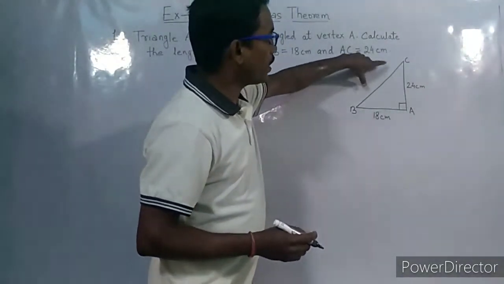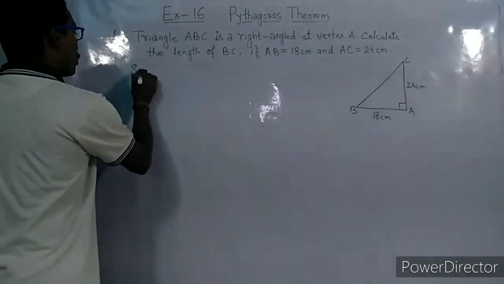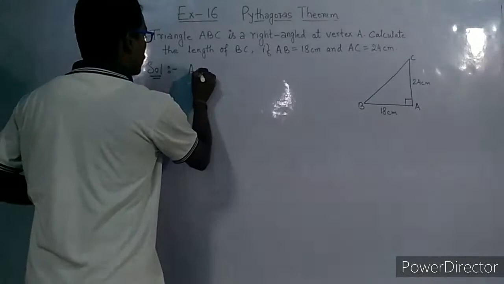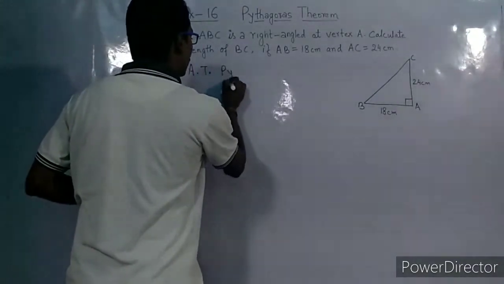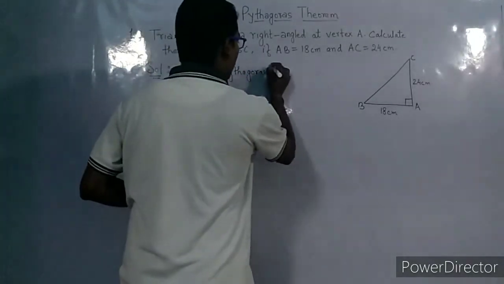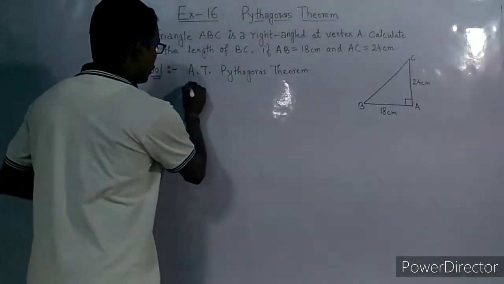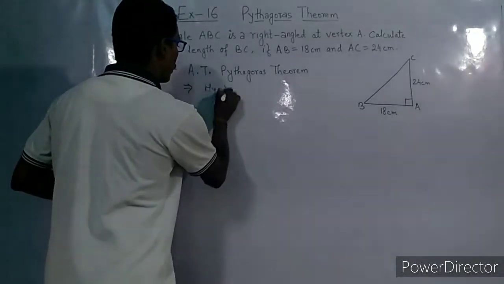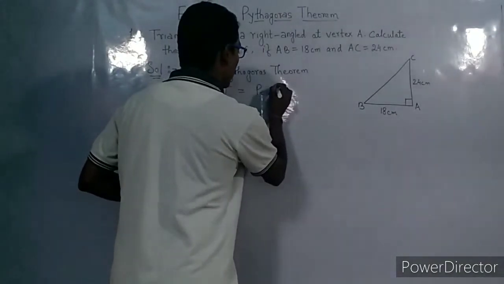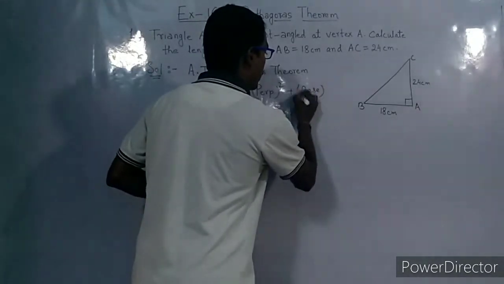As we know, the hypotenuse is the largest side of the three. So according to Pythagoras theorem, hypotenuse square is equal to perpendicular square plus base square.